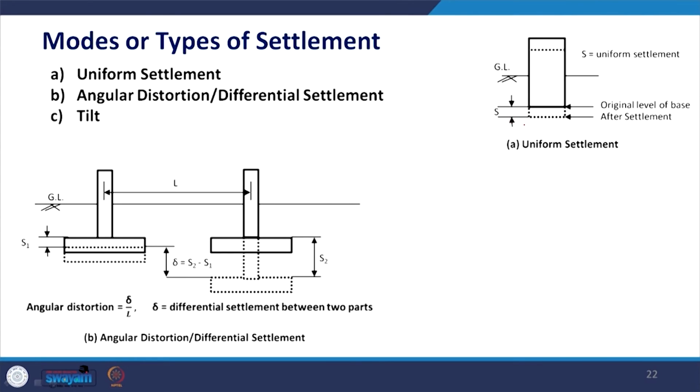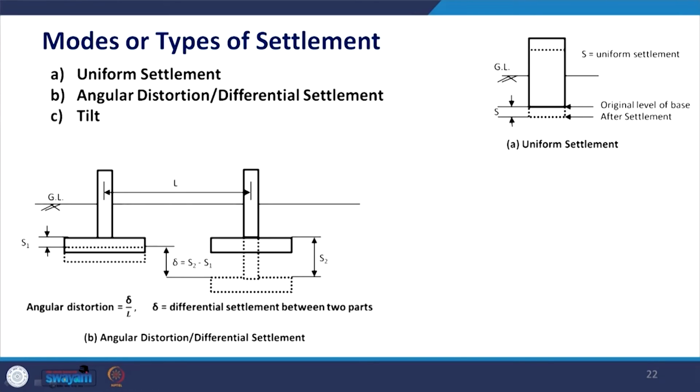So, S is the uniform settlement in this case, but when you have a number of buildings, the buildings may not settle by the same amount, which is the case of what is called differential settlement. You have this one building and then another building here.